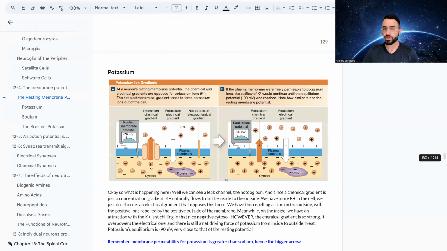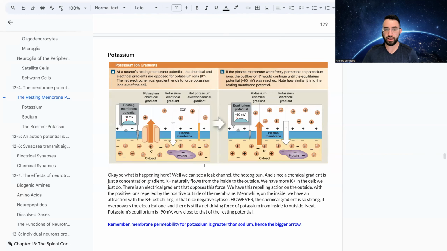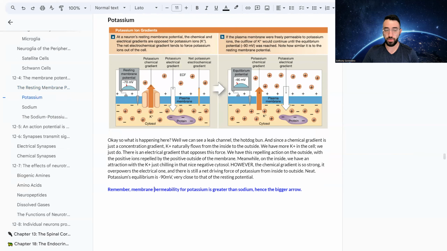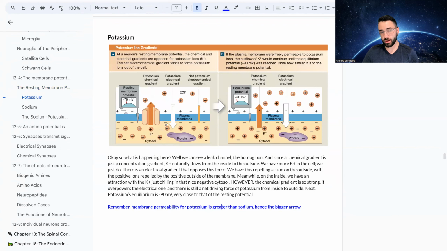All right. The other thing too here you want to remember is that potassium, I may have misspoke earlier, potassium moves out quicker because the membrane is more permeable to potassium. All right, membrane permeability for potassium is greater than sodium, hence the bigger arrow here.